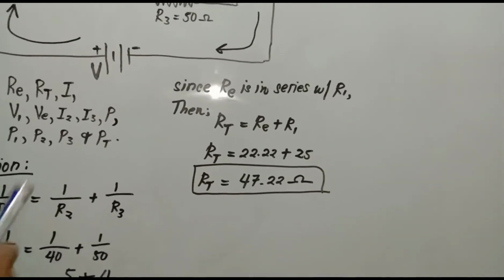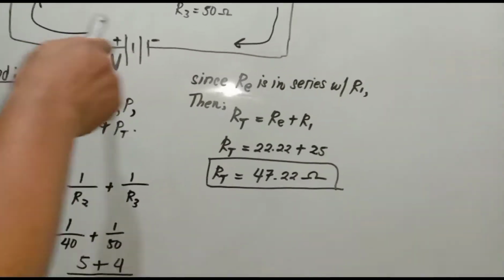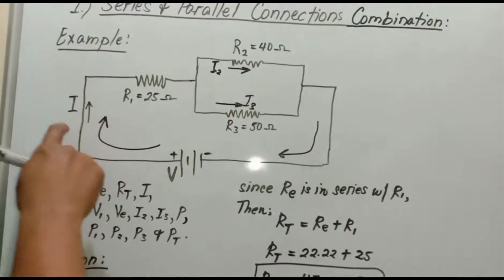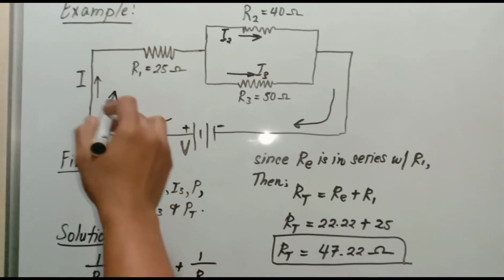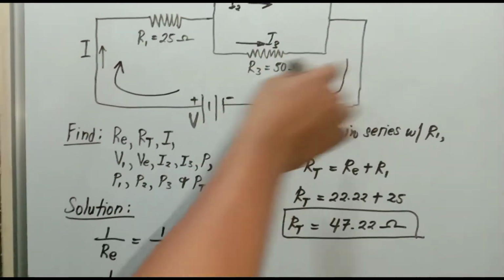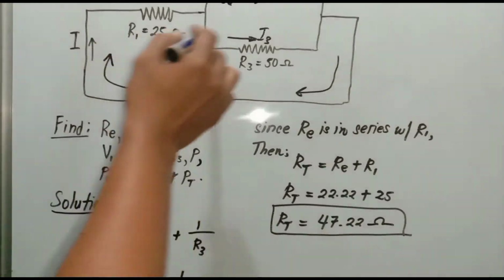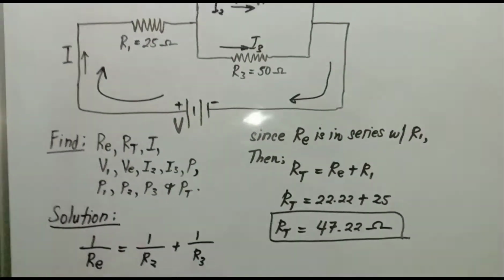Now, after the total resistance, we need to find the current I flowing in the circuit. This I means the current. How much current is flowing in this circuit, knowing this series and parallel connection?